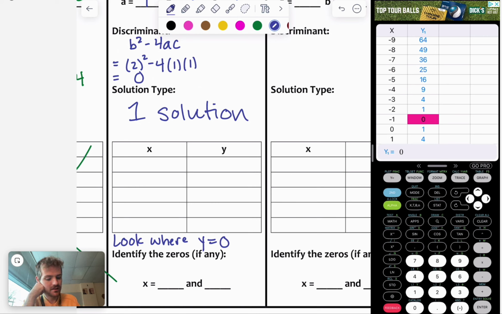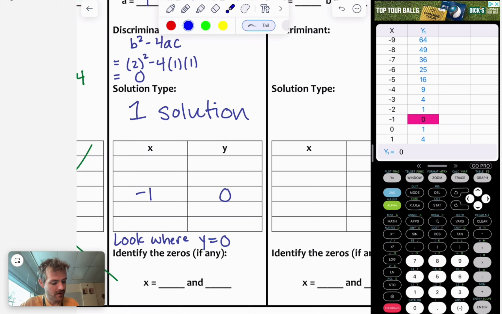What this tells me is negative 1, 0 is that solution. So my answer, looking down here, identify the zeros, if any. When y is 0, we see x equals negative 1. And here, this is actually going to be the end of this example. Since we only have one solution, we're only going to have one x value at the end.